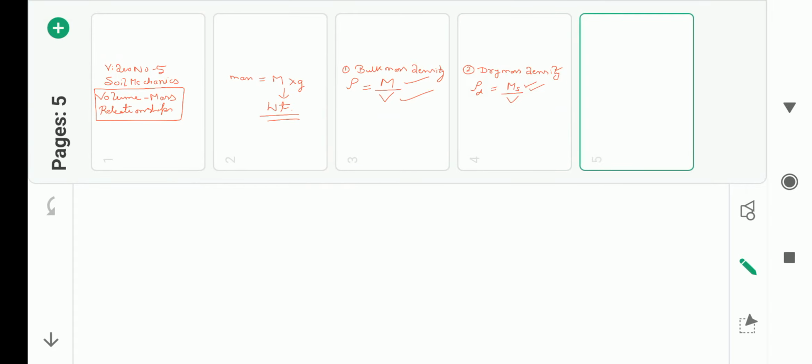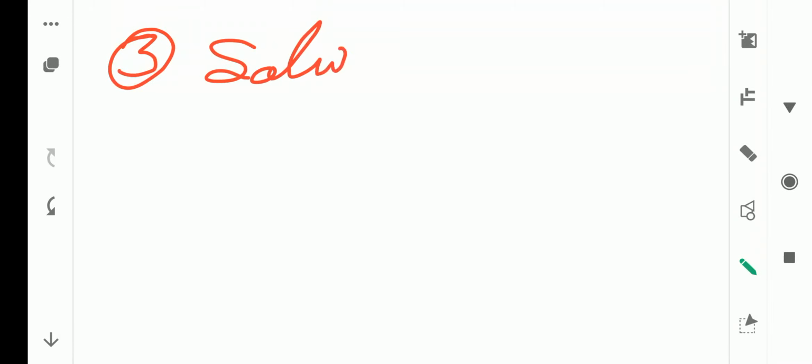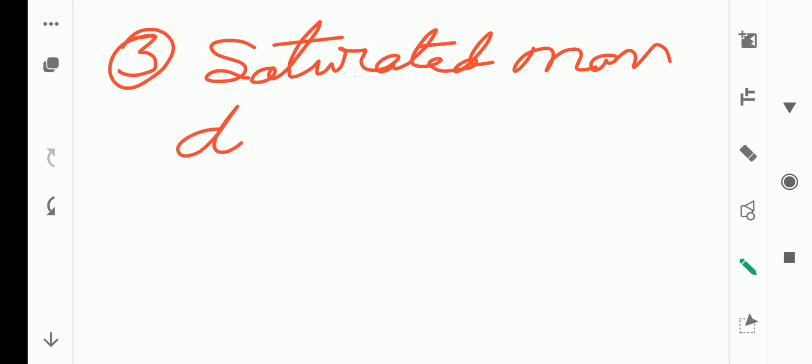Next is saturated mass density. It is bulk mass density of the soil when the soil is fully saturated.